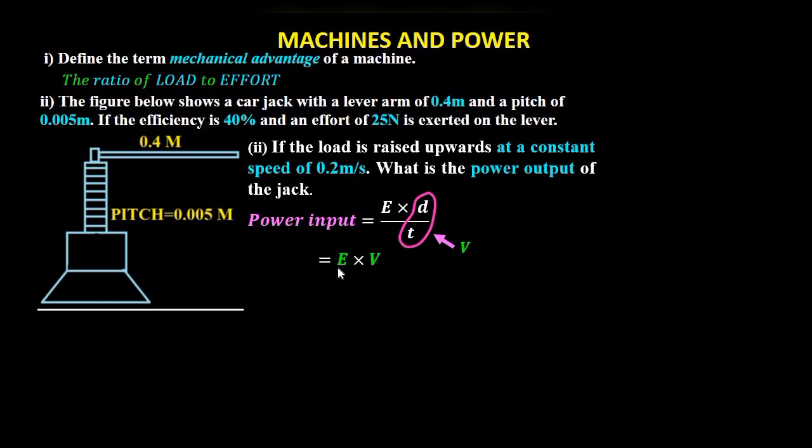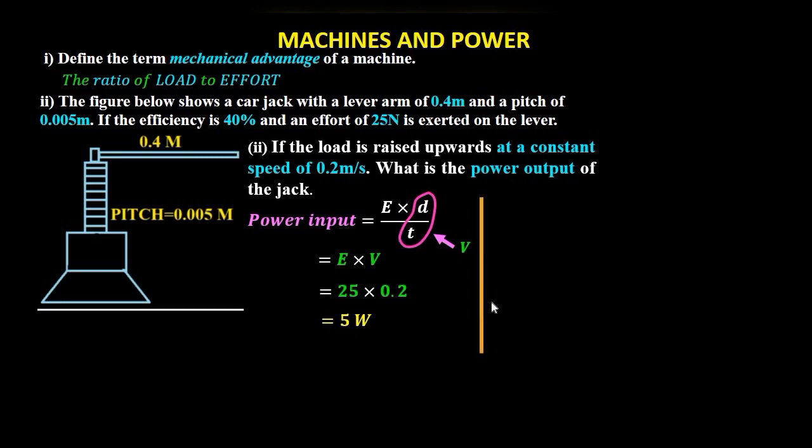Now the effort force we already have as 25, and the velocity is given as 0.2 meters per second. And from this, we can therefore say effort 25 times velocity 0.2 is equal to 5 watts. Now that is the power input.